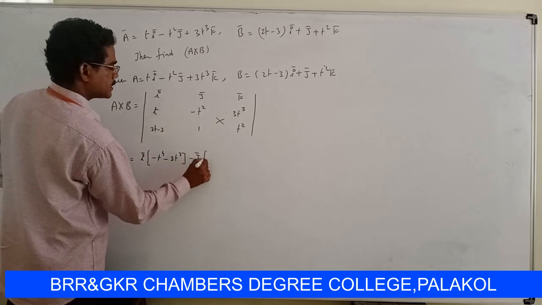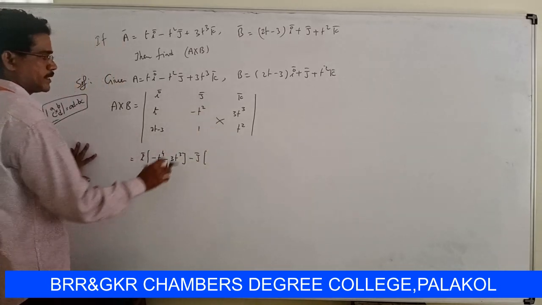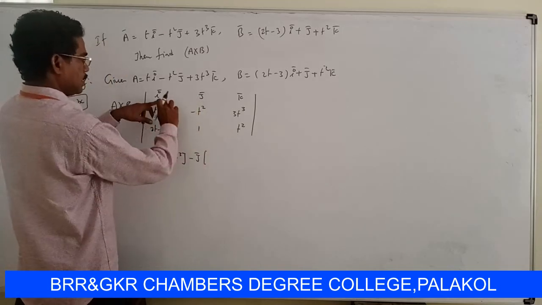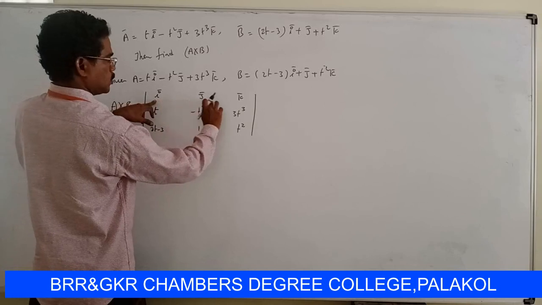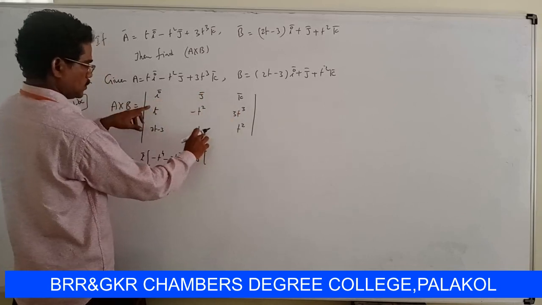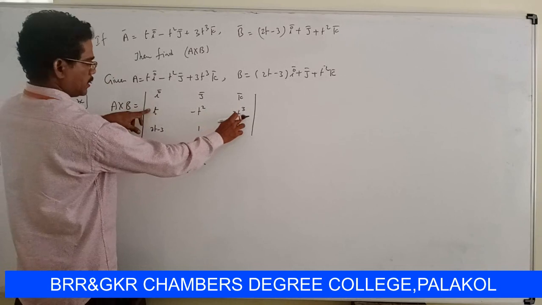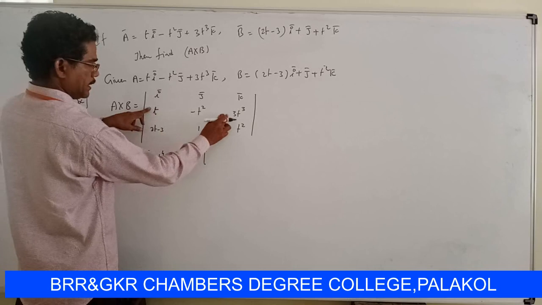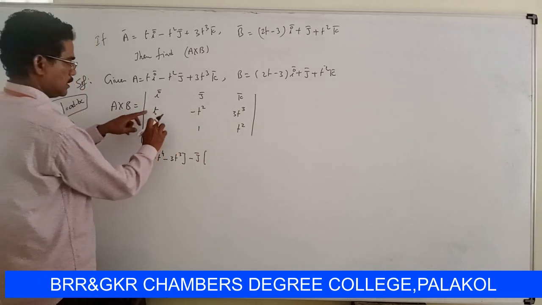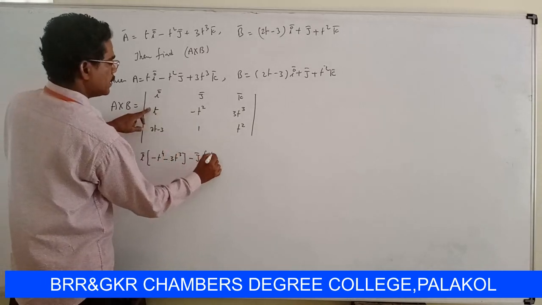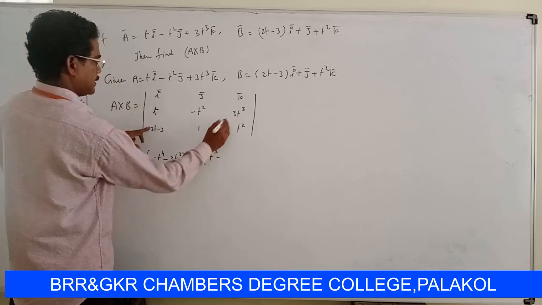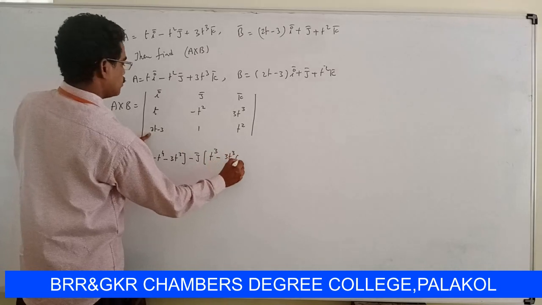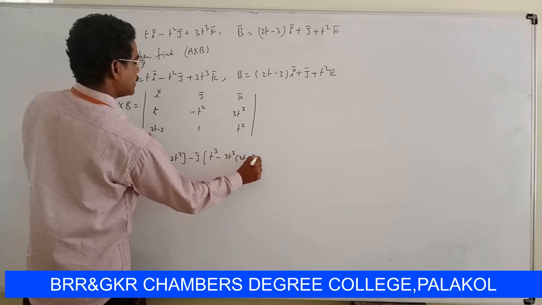Next, minus j into the second vector. So here, consider the second vector, minus j. We neglect the first row and second column, so the remaining are t, t cube, 2t minus 3 and t square. Then again the formula AD minus BC: t into t square means t cube, minus BC means 3t cube into 2t minus 3.